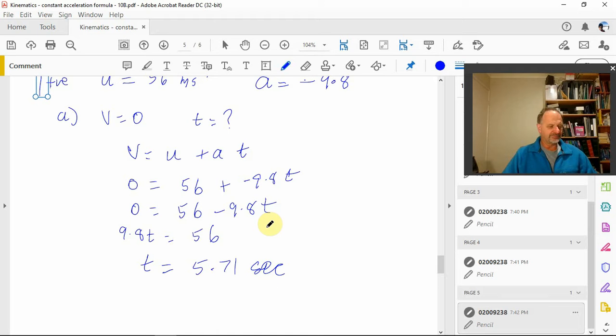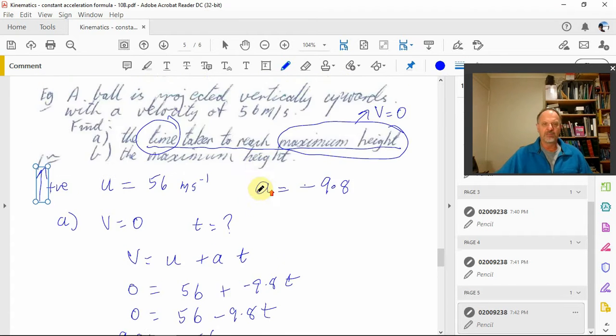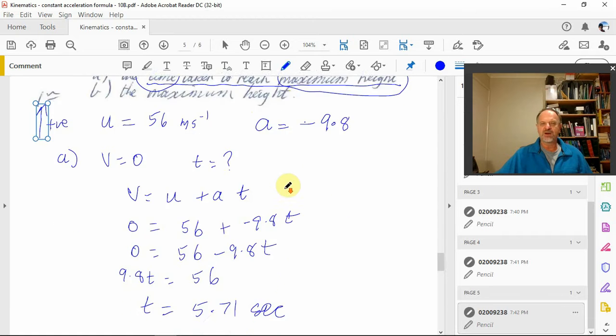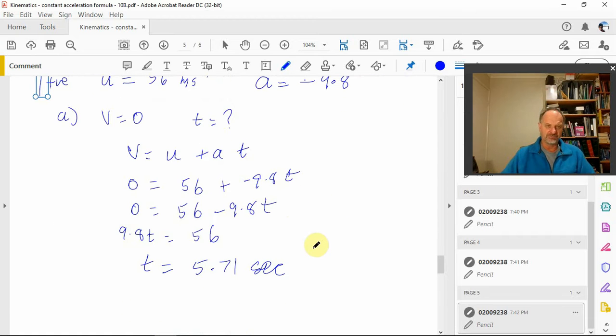All right. And then the next part, just looking at my notes here, we want to know the maximum height.